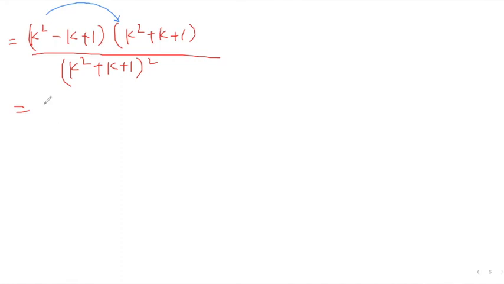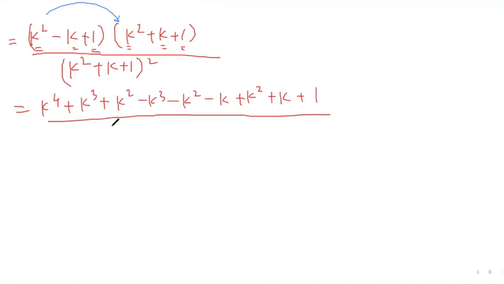So that's k4 plus k cubed plus k squared. I'm just doing good old multiplication, each of these terms with each of these terms. Plus k squared minus k cubed minus k squared minus k plus k squared plus k plus 1, divided by k squared plus k plus 1 the whole squared.